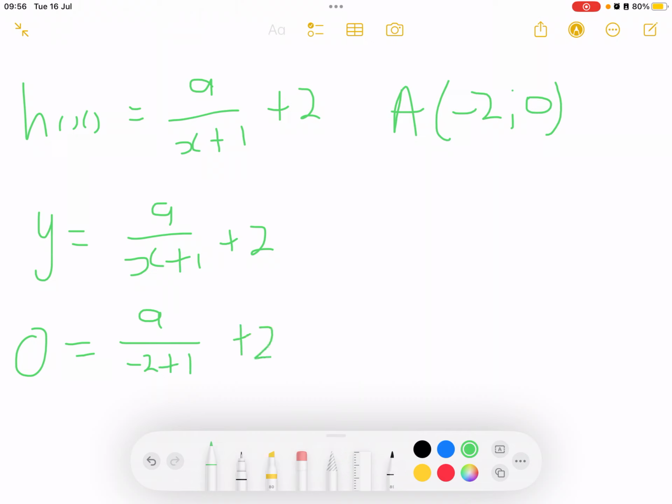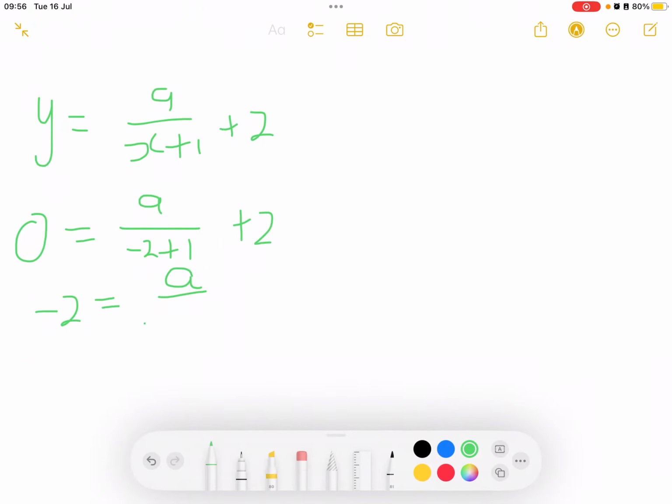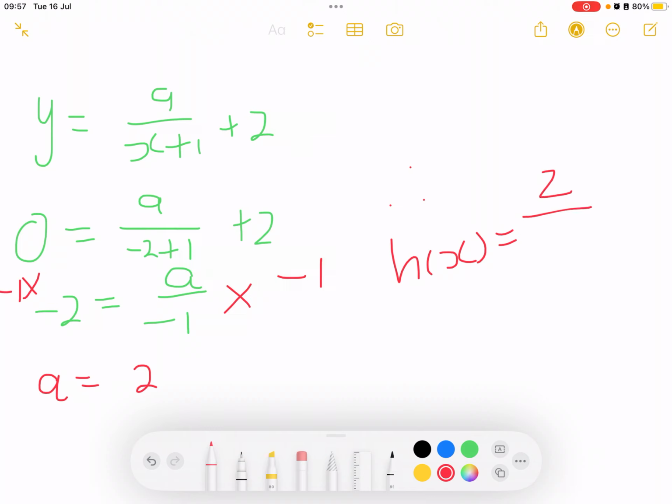Then this becomes a over negative 1 equals minus 2. If we multiply by a negative 1 on both sides, we're left with a equal to a positive 2. And therefore, our h of x will now be equal to 2 over x plus 1 plus 2.